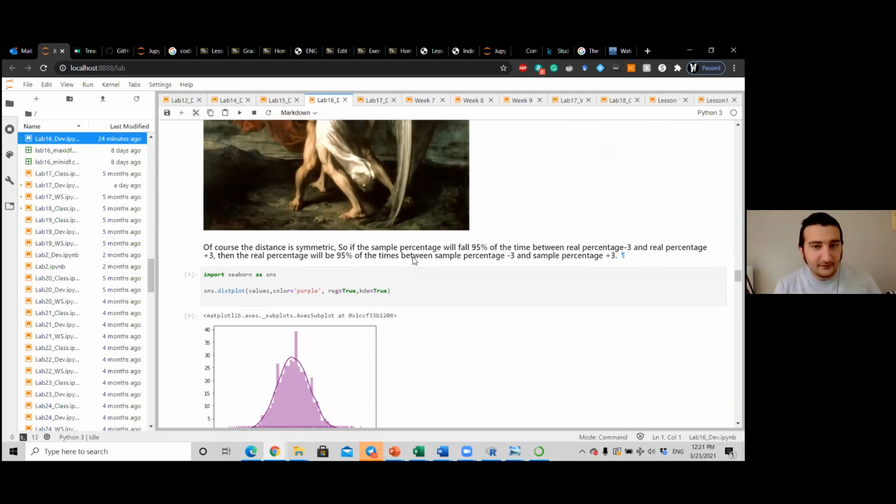So if the sample percentage will fall 95% of the time between real percentage -3 and real percentage +3, then the real percentage will be 95% of the times between sample percentage -3 and sample percentage +3. This is a very confusing sentence. Read it 3 times, and then I'm going to ask you a question.